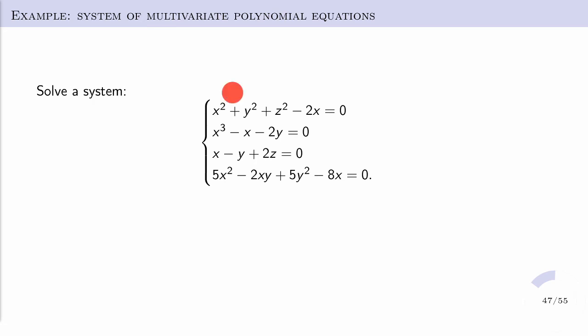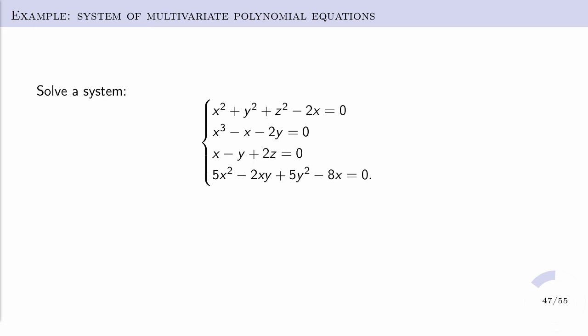So suppose that we are given the following system of polynomial equations in three variables x, y, and z. Doing it by hand, computing it without any special tools, could be quite complicated because it contains polynomials of degree 2 and 3, so it's not straightforward.